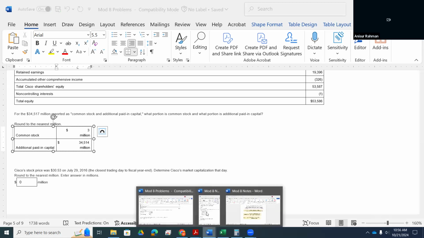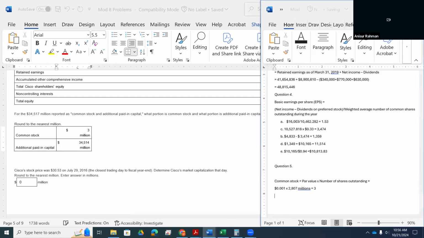Okay, so market capitalization is market price per share times number of common shares outstanding.